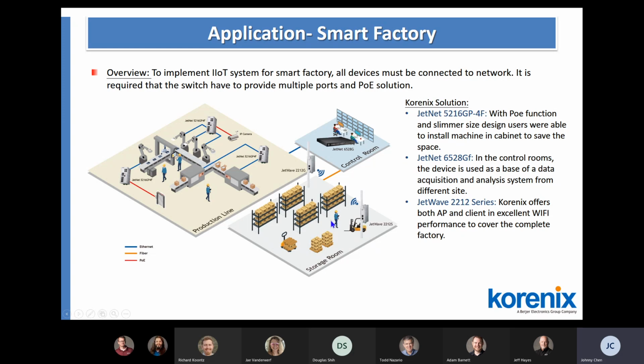And in the storage room, they have some AGV, and the AGV needs to transmit the data back to the control center. But the AGV keeps moving in the storage room, so they need a wireless solution. So we help them build it with our J-Wave 2212 series to transmit the data wirelessly.